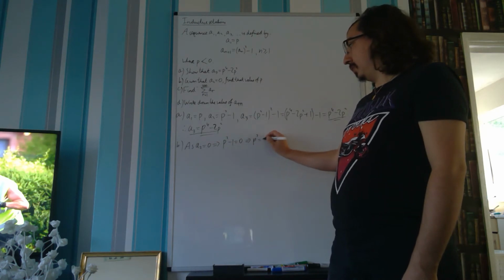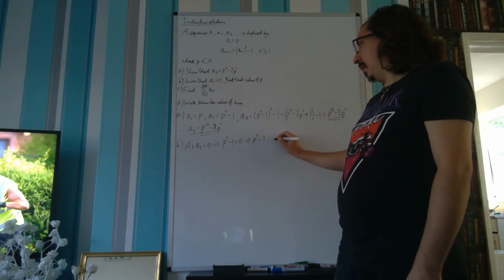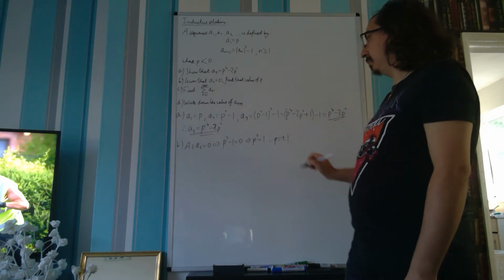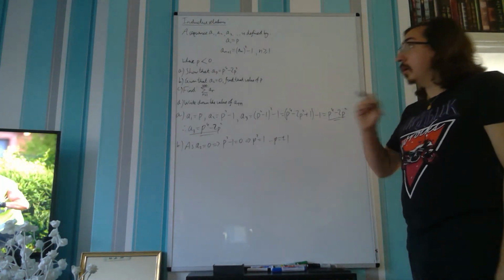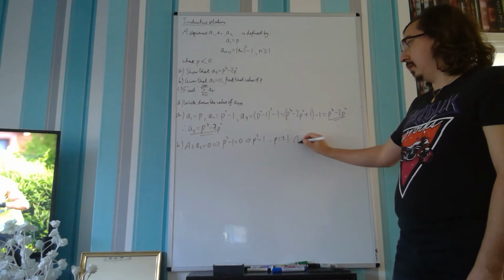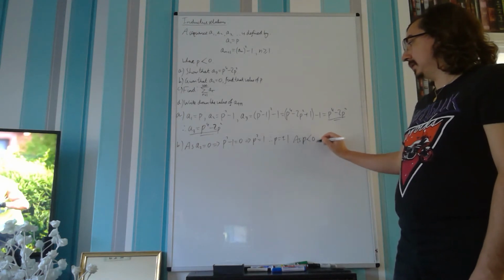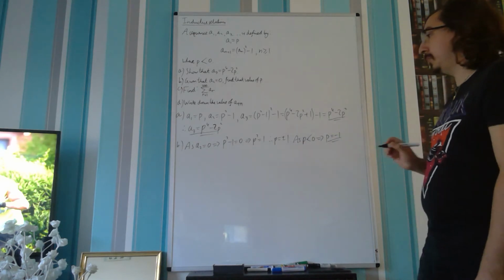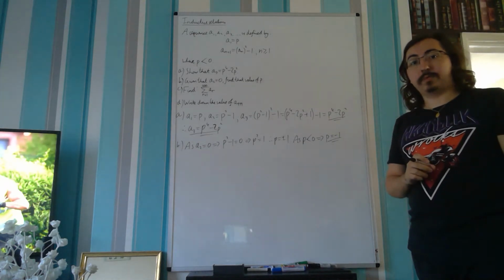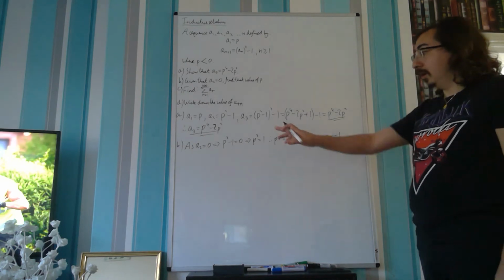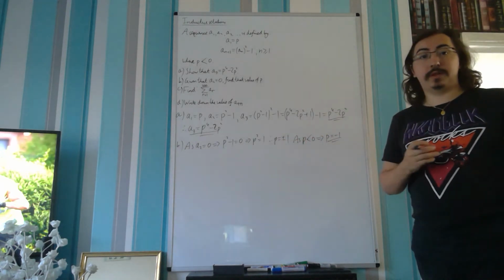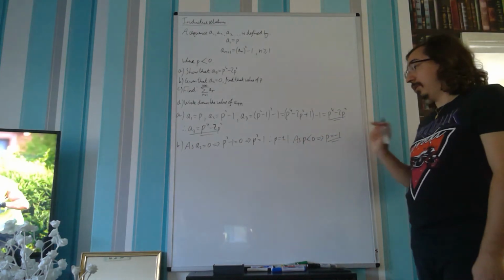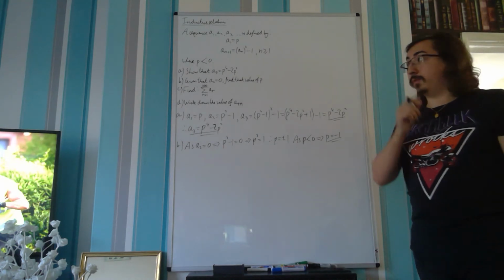So therefore p squared is equal to 1, and therefore p is equal to plus or minus 1. But we're told in this question that p is less than 0, that implies that p must be equal to minus 1 for this problem. So you use the definition that they give you for p, and we get our specific value for p.